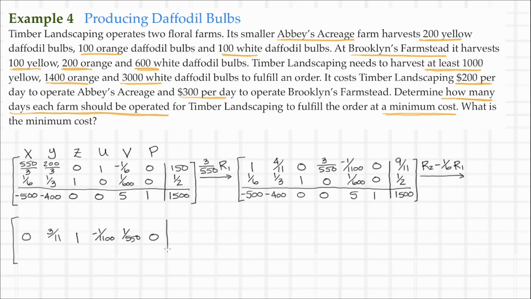Bring down that vertical line. 9/11 times 1/6, that's 3/22. Then 1/2 minus 3/22 is 4/11. Close off our matrix, and finally get to carry over the rest.